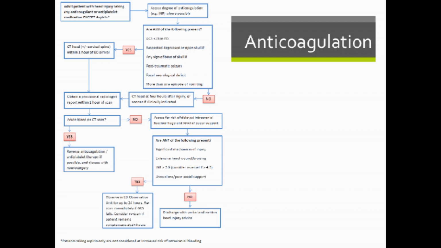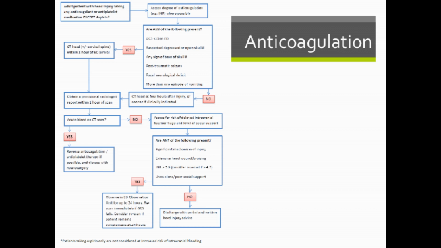And you can see on this algorithm that if the patient doesn't require immediate initial imaging, we think that a patient should have a CT head 4 hours after the injury, or sooner if it becomes clinically indicated.